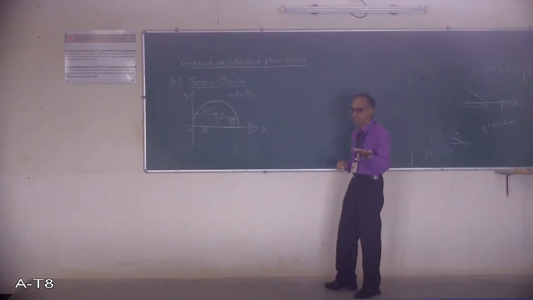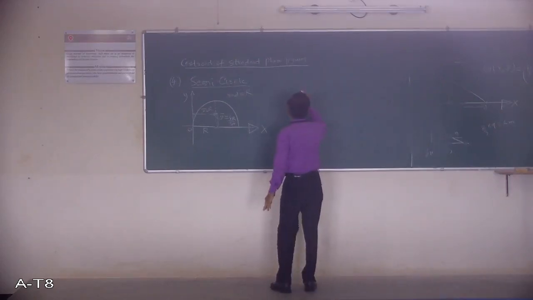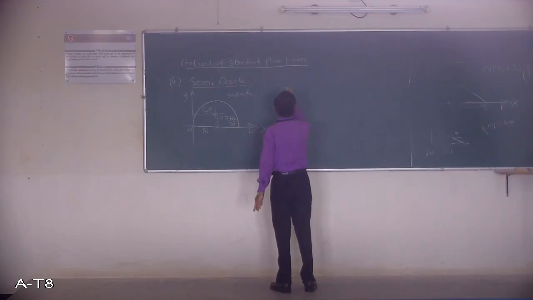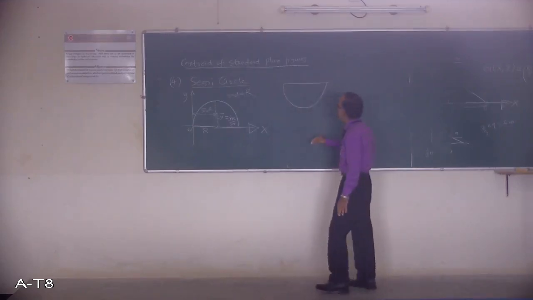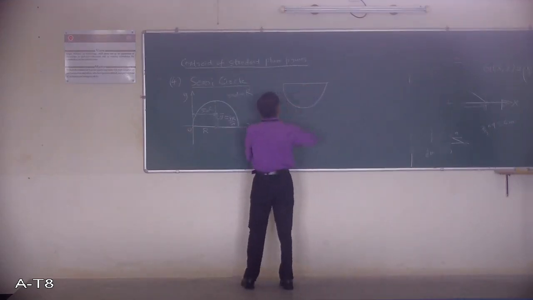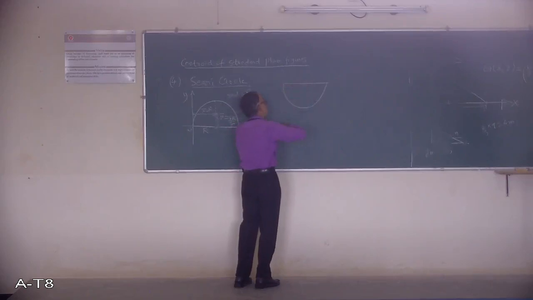Different shape means a different side. First, for example, I will draw a semicircle like this. So where is the centroid? I told you this is the center point from where the semicircle is drawn. Draw a line from this point and mark here. So this is 4r upon 3 pi.